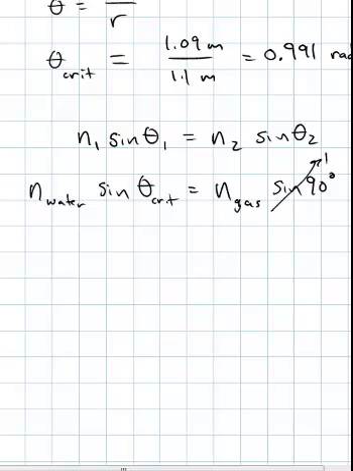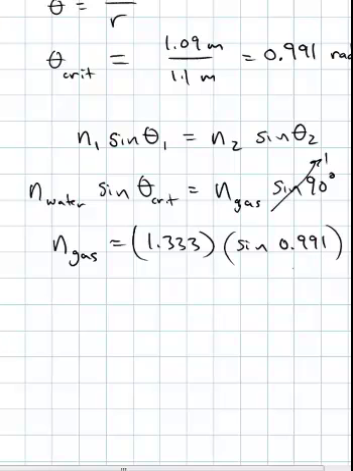And so of course the sine of 90 is 1, and we get the index of refraction for our gas: 1.333 times the sine of 0.991 radians, or 56.8 degrees.